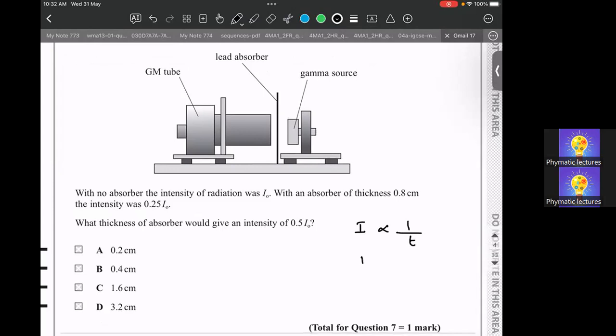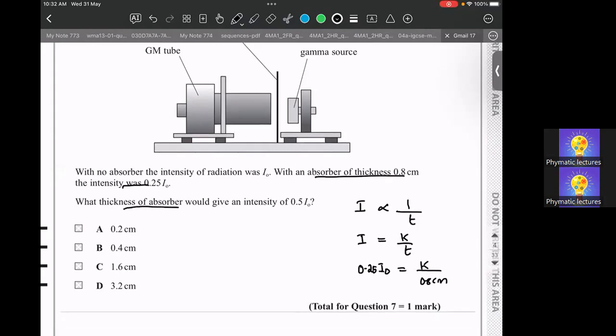Here, intensity is equal to a constant by thickness. So you can use this idea. When the absorber is 0.8 centimeter thick, the intensity is 0.25 I0. So 0.25 I0 is equal to K by 0.8 centimeter.